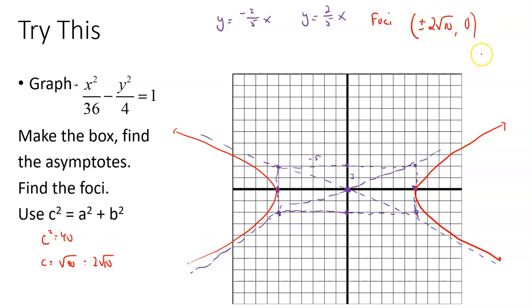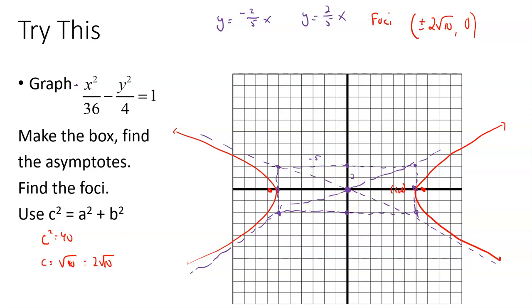The square root of 40 is a little bit more than 6, so again, this comes pretty close on the inside here and there as my foci. If you want your vertices, they are the places where the graph hits the box: 6, 0 over here, and negative 6, 0 on the other side.